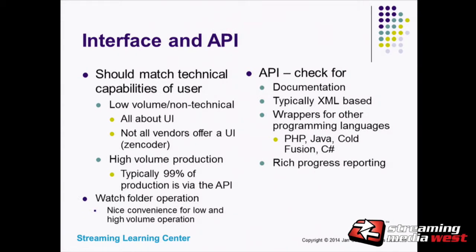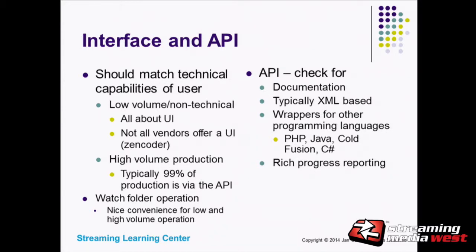And then your interface, and the interface should match the technical capabilities of the user. I think most high-volume users are going directly to an API. If you're a lower volume user, you want to look for either a GUI or watch folder operation. Encoder in particular has a very, very capable API, but they basically said, we're not interested in working with smaller customers. We're not going to create a UI.